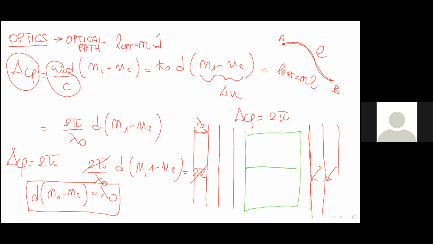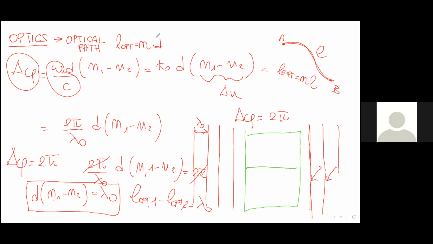Now look at this expression here. d times n1 is the optical path you have in medium 1, minus the optical path that you have in medium 2, must be equal to the wavelength lambda naught. So the difference between the two optical paths must be a multiple of the wavelength.